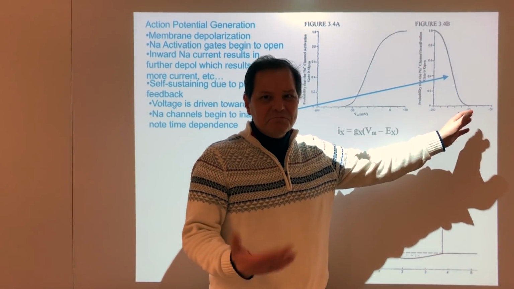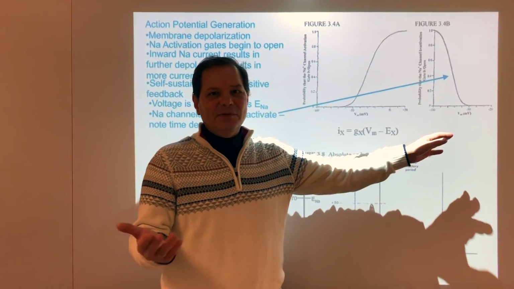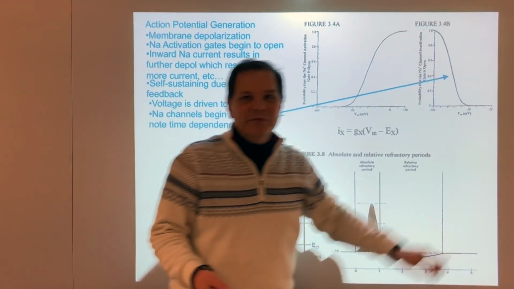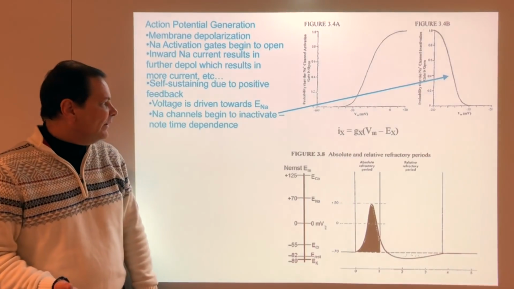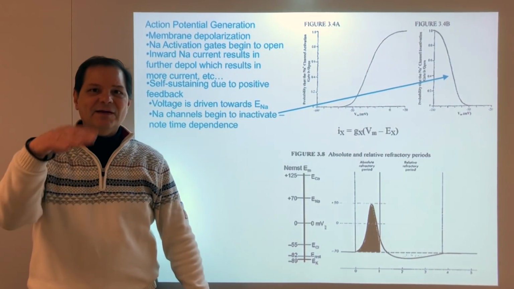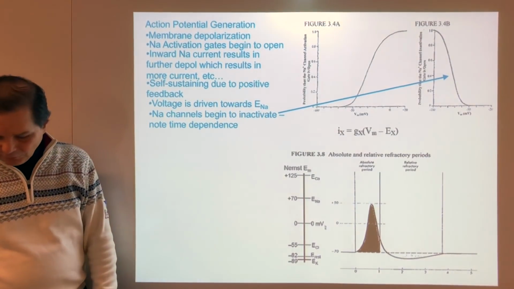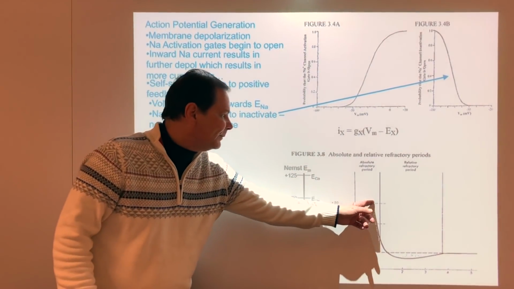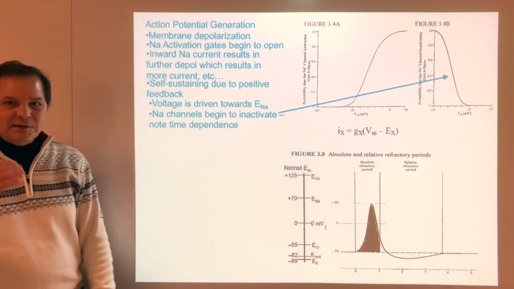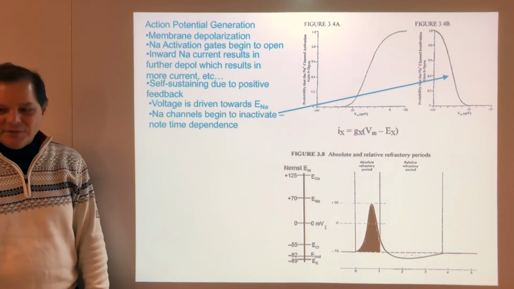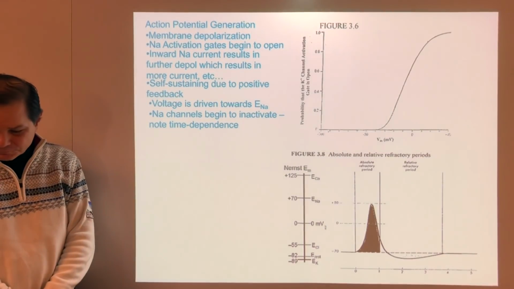Inactivation gates, slow, lazy, but they get around to doing what they're supposed to do, which is close. And as that happens, your sodium channels inactivate and the sodium stops flowing through the channels, okay? So that happens as you start to near this peak here, okay? And the sodium current begins to get cut off as your inactivation gates close.